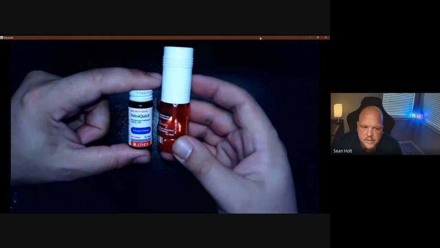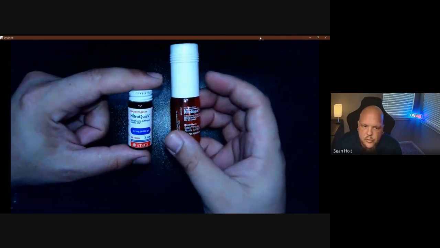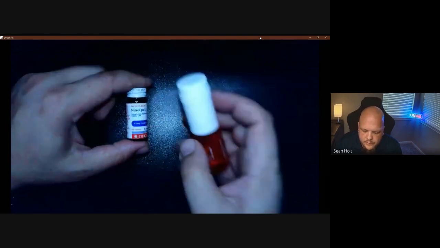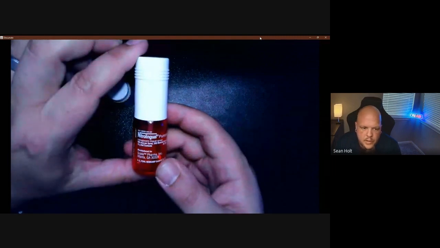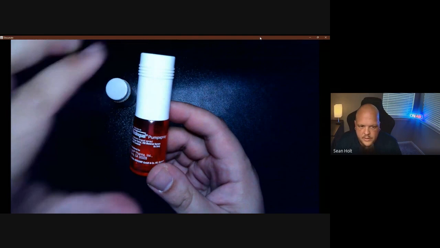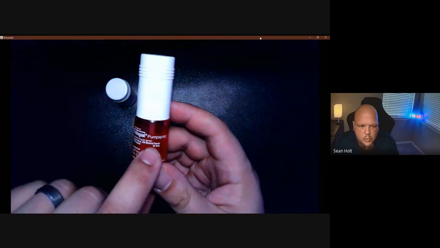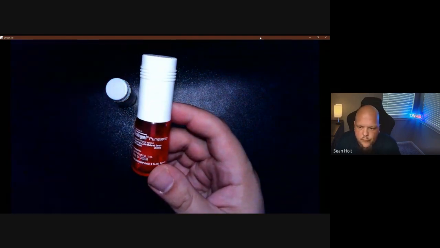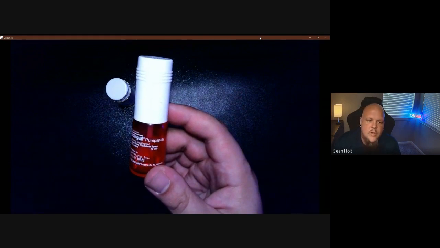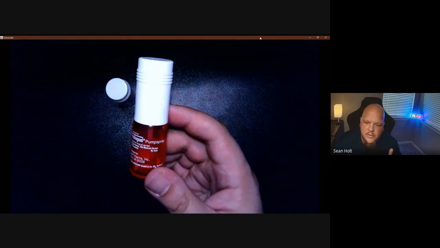These deliver the exact same amount of nitroglycerin, 1 pill versus 1 spray, all right? This is a metered dose spray, okay, which means that every time it's sprayed, it's going to give a metered spray, all right? That means 400 micrograms or 0.4 milligrams every spray that the patient is receiving.